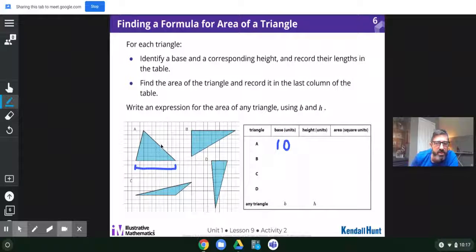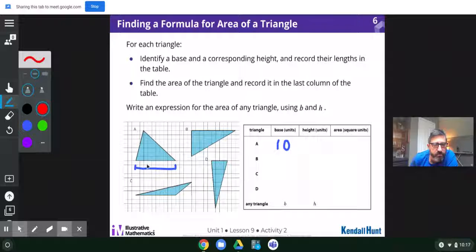So now what do we do? If we've picked this bottom line as the base, what do we do next? Height. We find the height. And how do we do that?